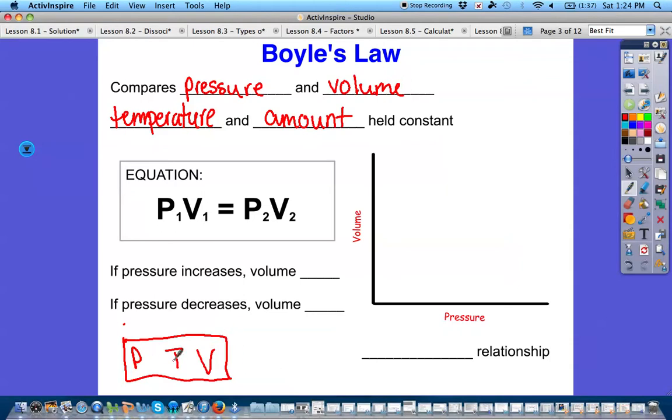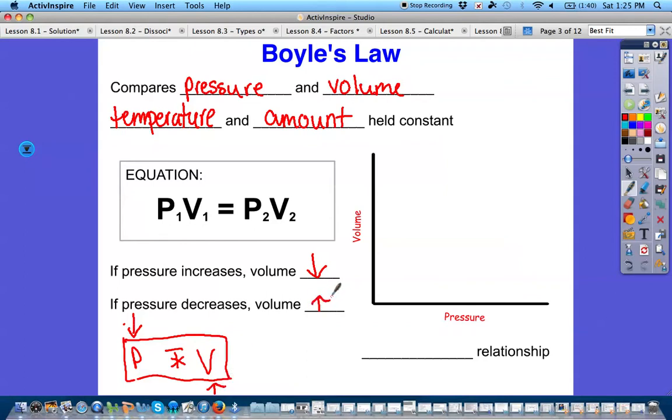So since we're holding temperature constant, you're going to put your finger over temperature, increase pressure, which is going to cause volume to decrease. Or if you decrease pressure, volume is going to increase.